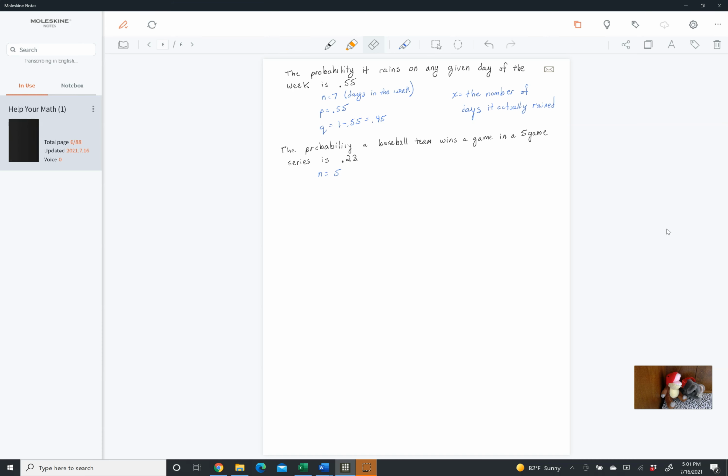Since that's what we're given the probability of, P is 0.23. And that means that Q is going to be 1 minus 0.23, or 0.77. And X would be the number of games the team won.